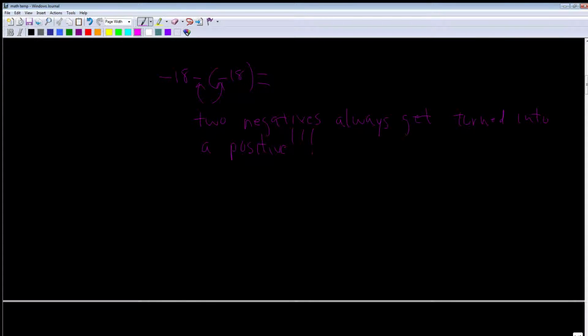Always. So this is going to be rewritten as negative 18 plus 18 equals what? 0. Because both of these constants are the same. You have negative 18 plus 18. These cancel out, leaving us with 0.